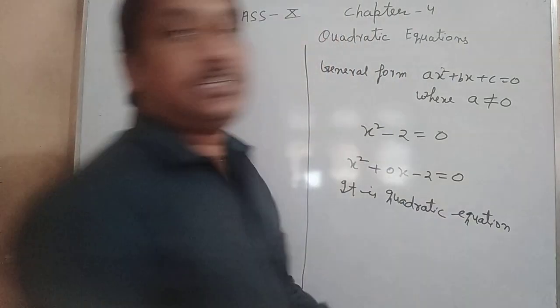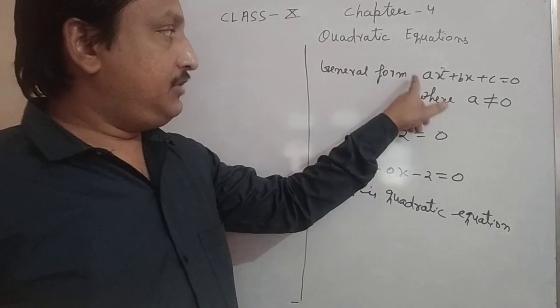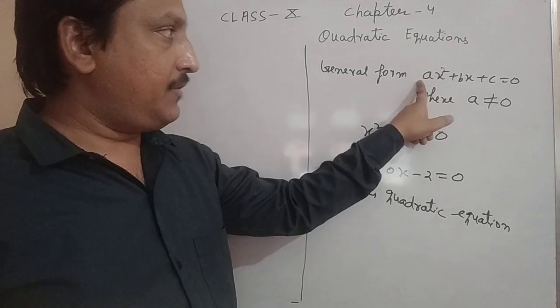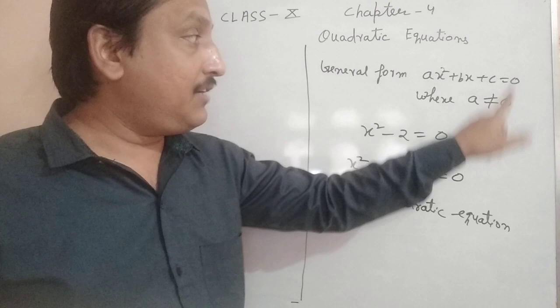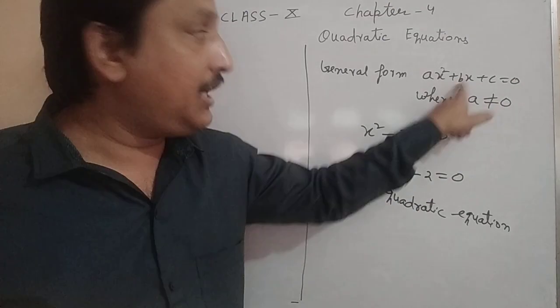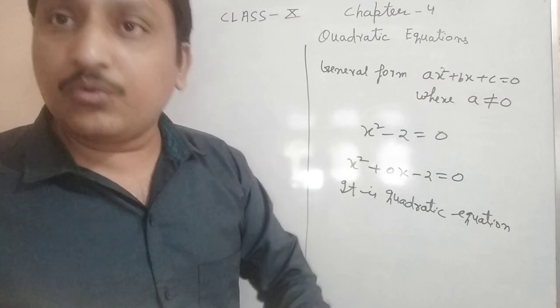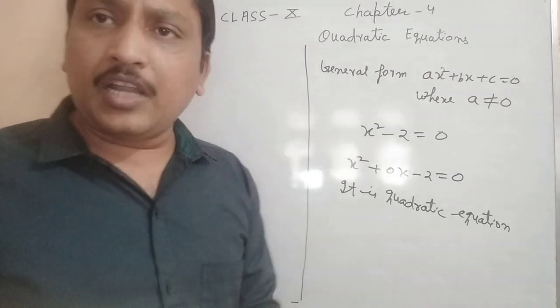The definition is important. We have to remember it. General form is this: a is the coefficient of x square, b is the coefficient of x, and c is constant, where a cannot be 0. This is the important term. And b and c can be 0.